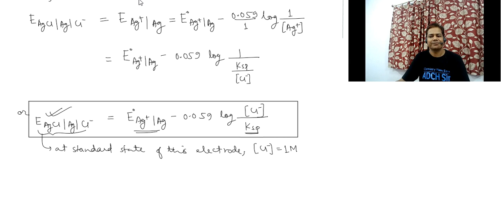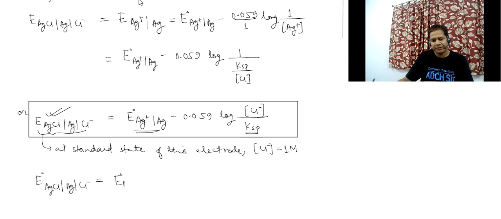Okay. So let us put the values. Now we get another expression. We'll get E naught of AgCl to Ag and Cl minus, we have taken the standard state, will be equal to E naught of Ag plus to Ag minus 0.059 log of Cl minus is 1 upon Ksp.